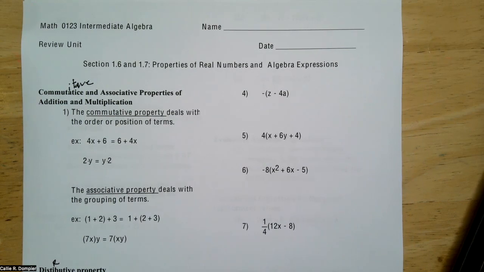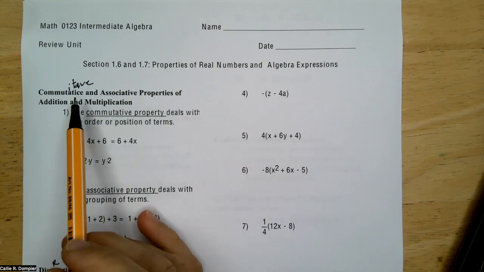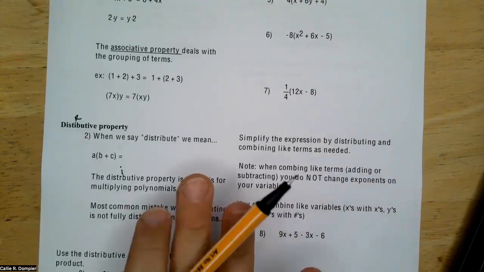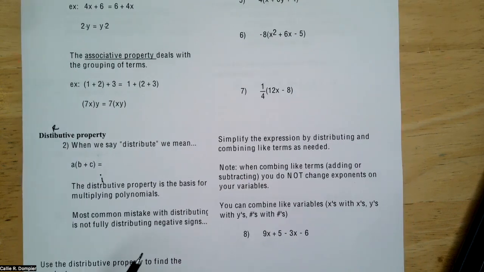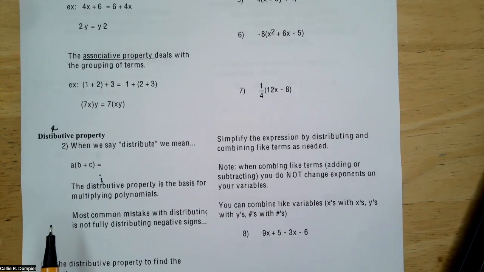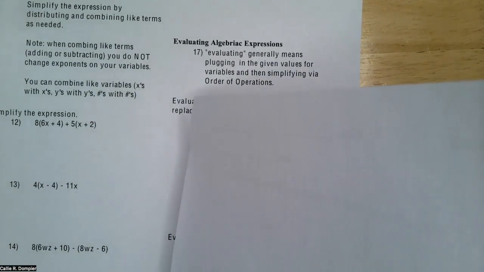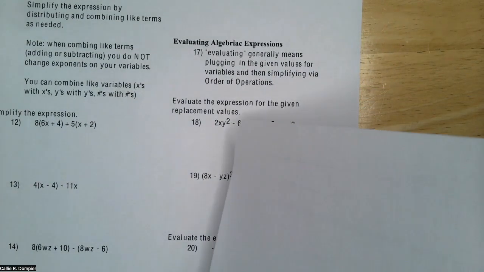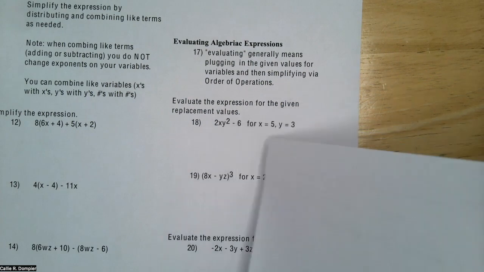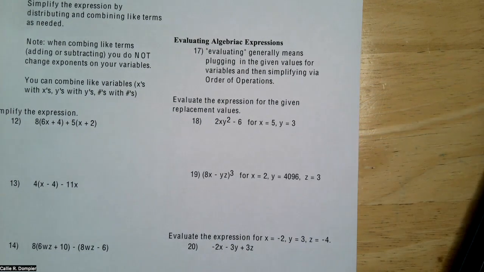Let me introduce commutative, associative, distributive, which is the most important of the three. We're going to practice using all of those. And then evaluating, replacing: if y equals 3, what is 2x, y the second power, minus 6 equal to, right?